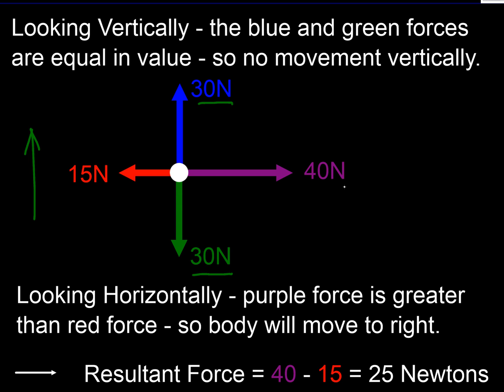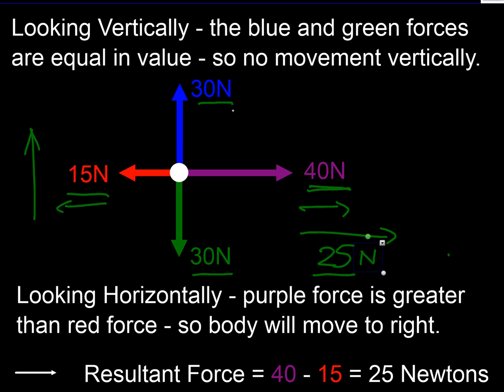Well, I've got a horizontal force here of 40 newtons to the right, taking me to the right, and I've got some sort of resistive force, say, of 15 newtons, sort of trying to stop that happening. What's going to happen here? Well, it is going to move to the right, isn't it? Because 40 is greater than 15, so if I took one away from the other, I've got a resultant force, what's called resultant, the 40 take away the 15, I've got 25 newtons trying to move this body to the right.